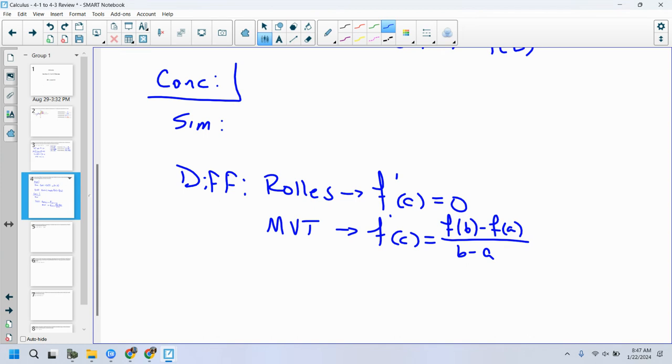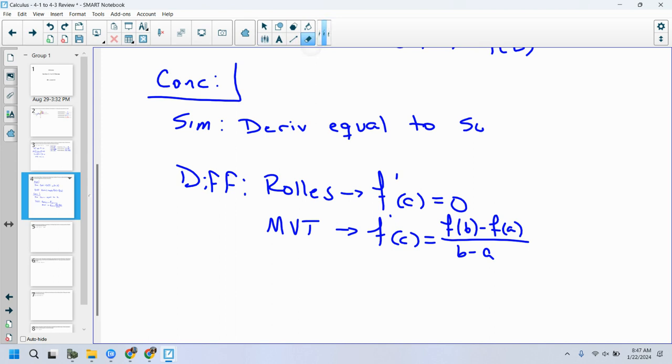Now, for the similarities, that's really the similarity.